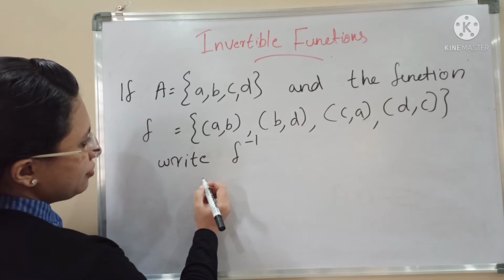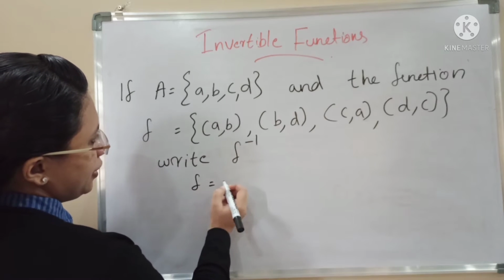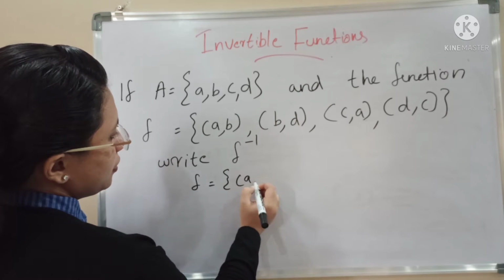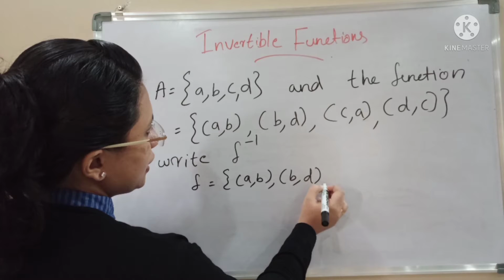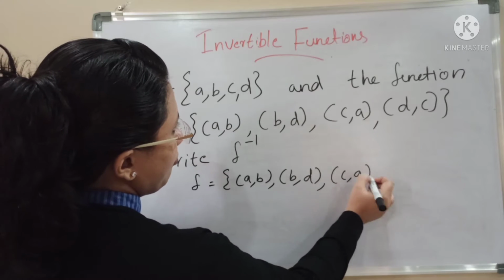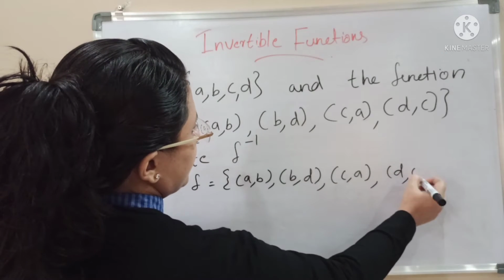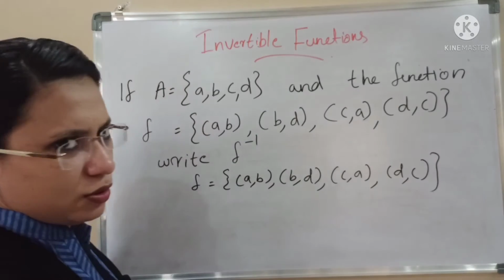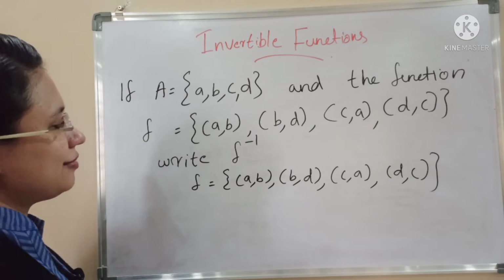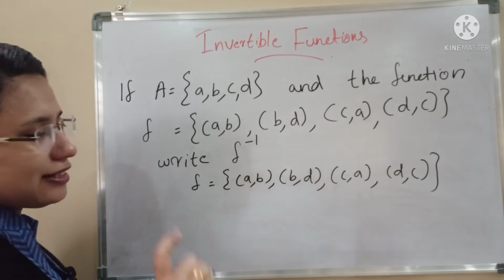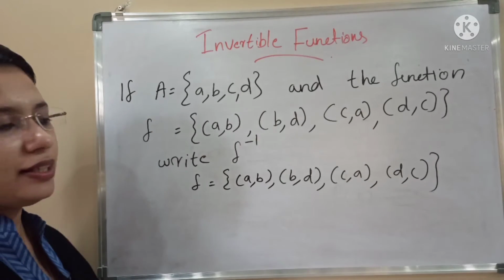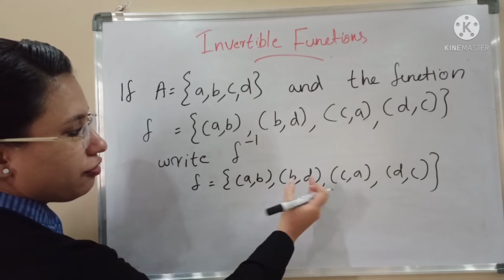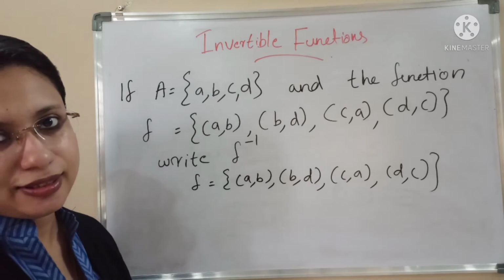We have given f equals (a,b), (b,d), (c,a), (d,c). Is it so confusing? If f is this one, then f inverse will be inverting of these elements.